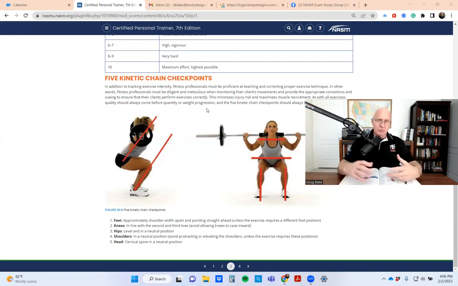So if you're struggling with number one, well, where are they telling you how to cue? Well, slow down. Okay. First thing I need you to do is to look in this area right here. And they're going to tell you, when monitoring their clients' movements, provide appropriate corrections and cueing.